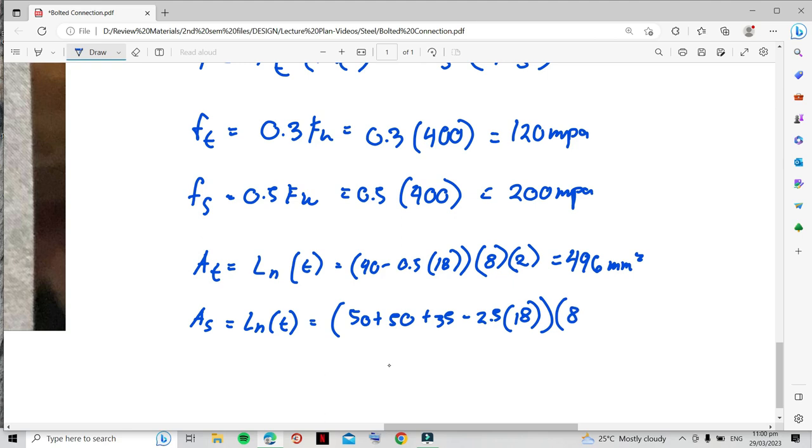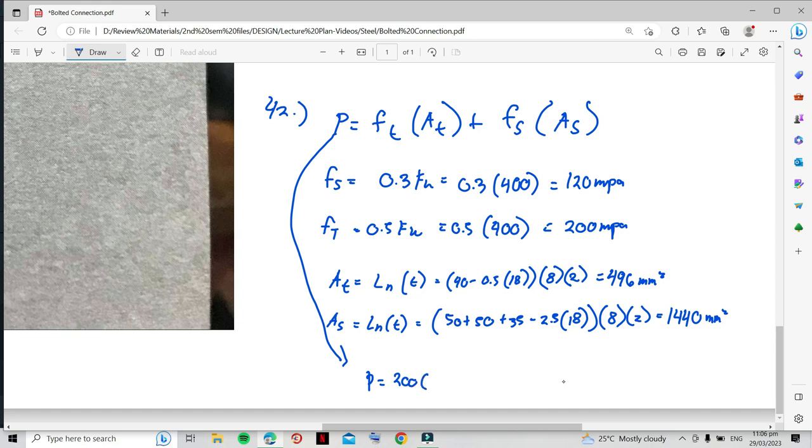So you have the area now, 11440 mm squared. So substitute: area in tension is 496 times the stress in tension, plus the stress in shear, 120, times 11440.